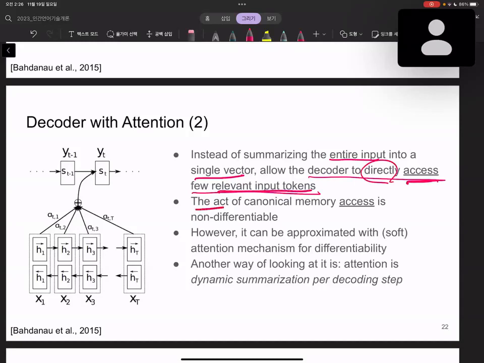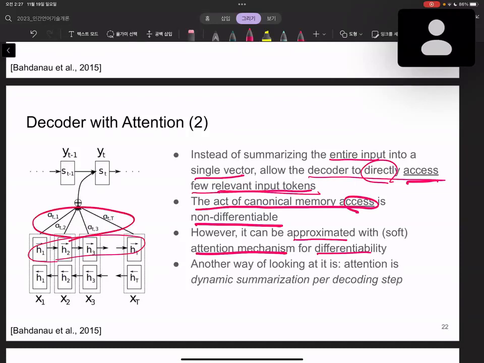The act of canonical memory access is non-differentiable, so we approximate it by an attention mechanism for differentiability. That is, we take all these hidden states and compute the weighted sum, right?